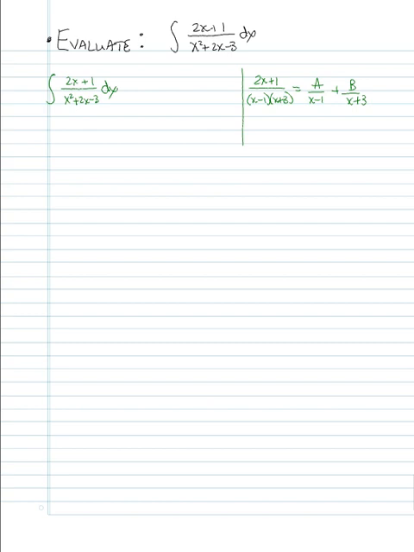Now, when we go through this, remember we get a 2x plus 1. And on the right side, we'd have an x plus 3 times an a, and then we'd have an x minus 1 times a b. And when we go through the process, one thing we could do is let x be equal to 1 and solve for a, or we could let x be equal to negative 3 and solve for b.